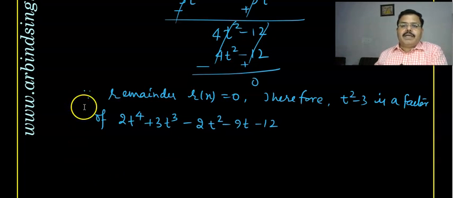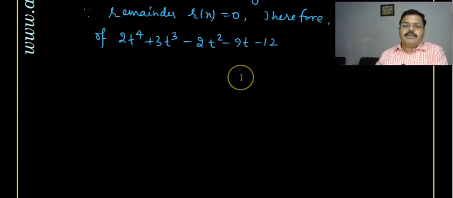So in case the remainder is 0, then it will be a factor. Otherwise, if the remainder is not 0, then we can say there is no factor.